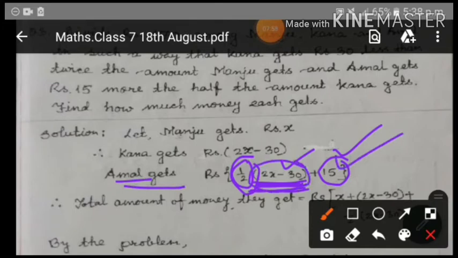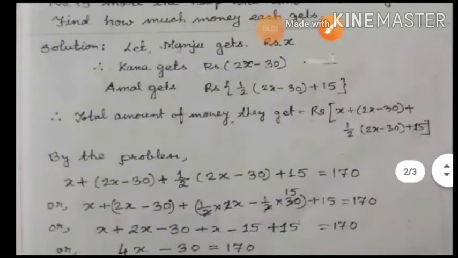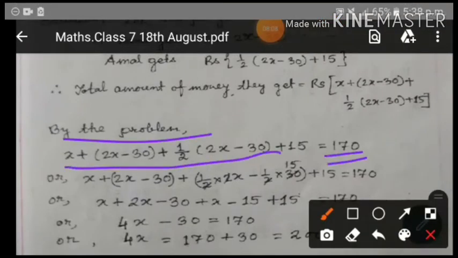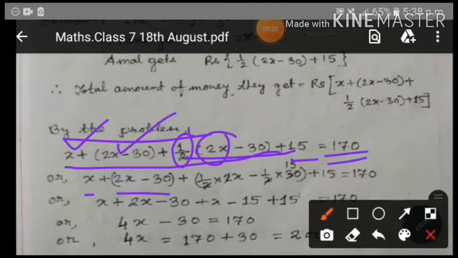Now we have to apply the condition of the problem, that the total amount of money is 170. So we add the individual amounts: x plus 2x minus 30 plus half of 2x minus 30 plus 15 equals 170. We multiply half with 2x and half with minus 30.